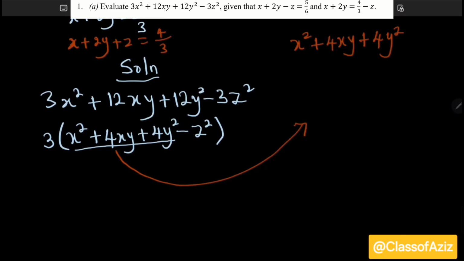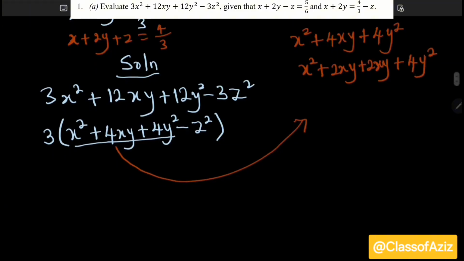To simplify this, we write x squared plus, now 4xy is the same as 2xy plus 2xy. When you add these two, you get this, plus 4y squared.